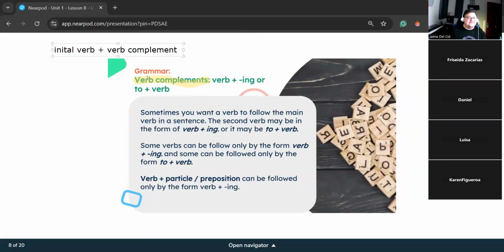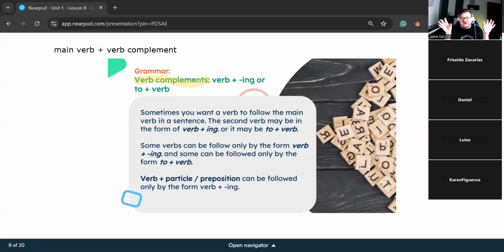Sometimes you want a verb to follow the main verb in a sentence. When I say the initial verb, I mean the main verb, maybe that's clearer. So you have the main verb of a sentence, and then you have a second verb. That's why I was calling these compound sentences or complex sentences, because they have more than one verb.